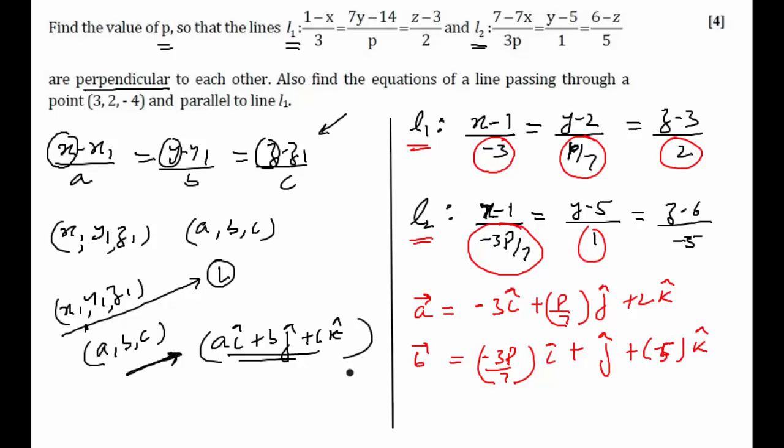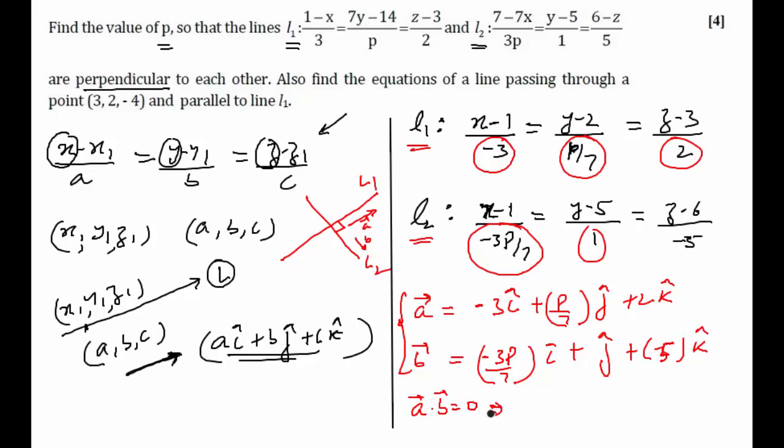Okay, so these vectors are in the direction of lines L1 and L2. Let us say this is line L1 and this is line L2, then now I have my a vector and b vector, right? So what is the condition given to us? That these two lines are perpendicular, which means that these two vectors are also perpendicular. And if two vectors are perpendicular, then we have the condition that a dot b is equal to 0, right?